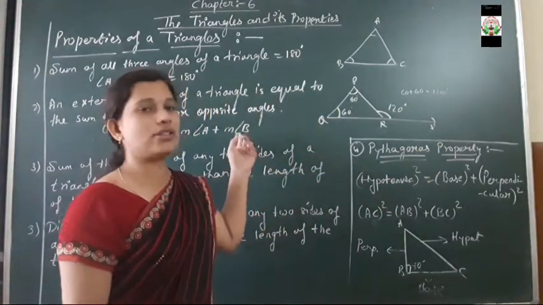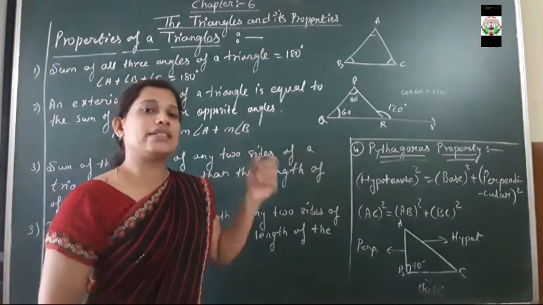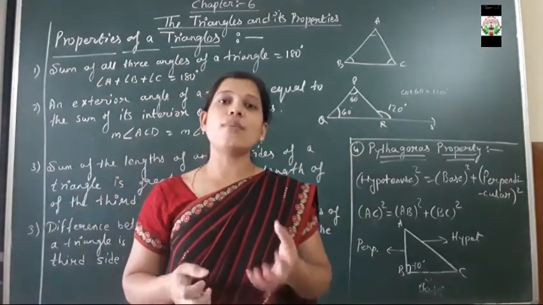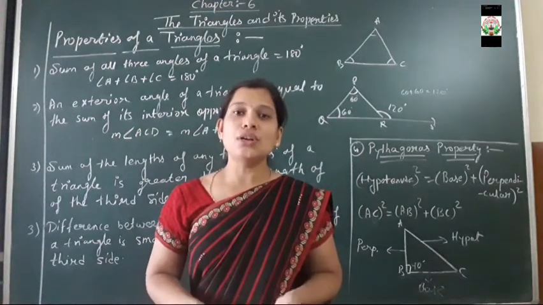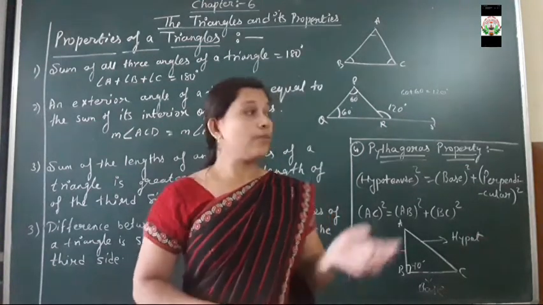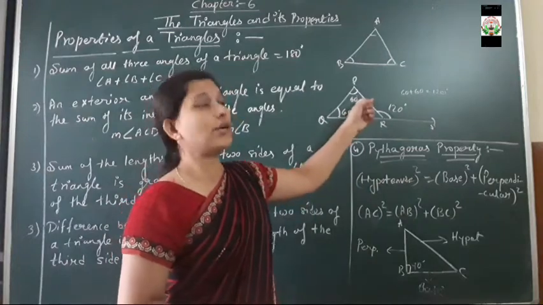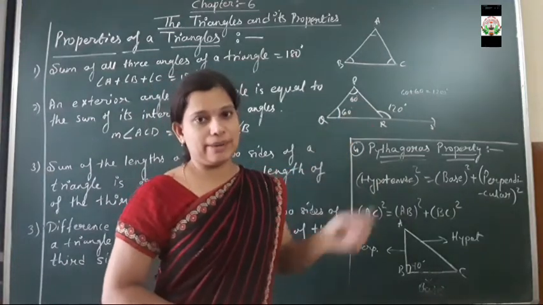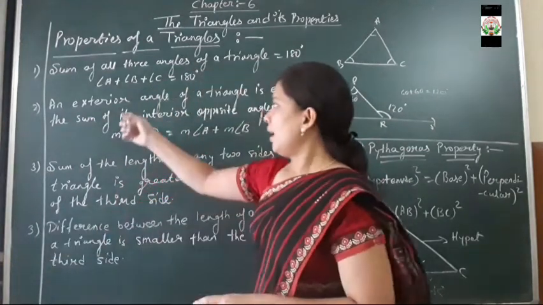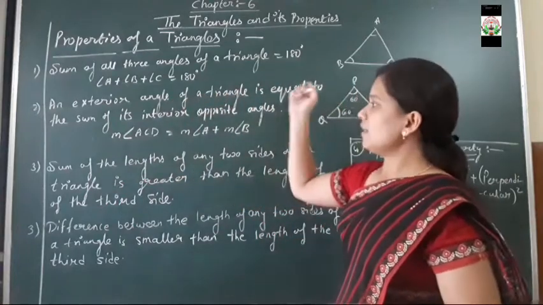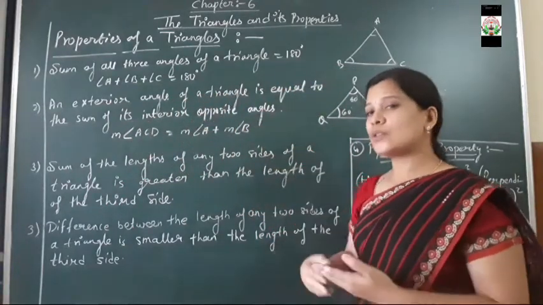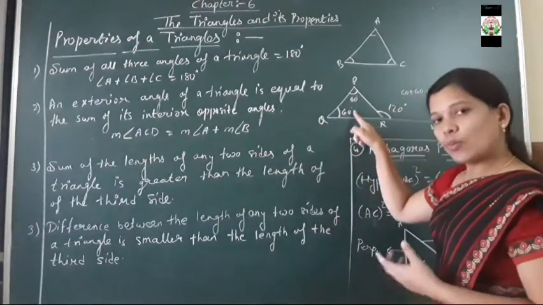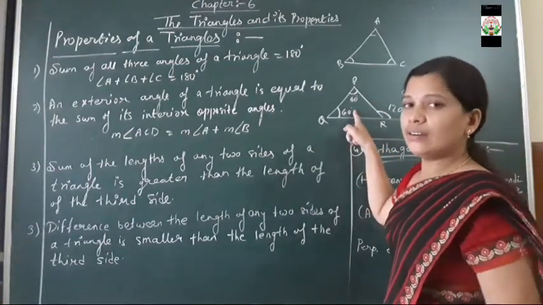Have you understood what the second property states? The exterior angle of a triangle is equal to the sum of its interior opposite angles, that means the angles which are opposite as well as present inside the triangle.